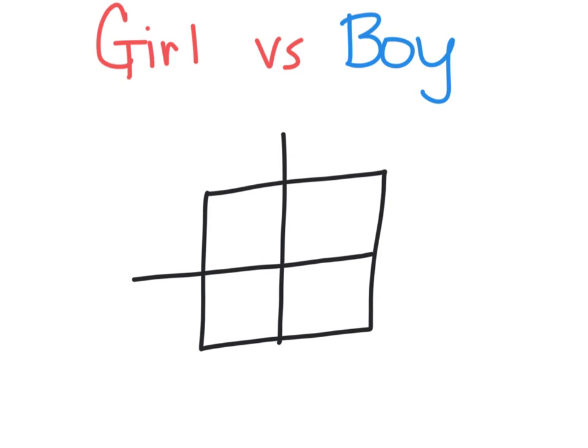The first thing we want to do is take a look at the basic Punnett square for our sex. How we end up with offspring is we have a girl and then we have a boy. When the girl makes her eggs, they will always be X's.